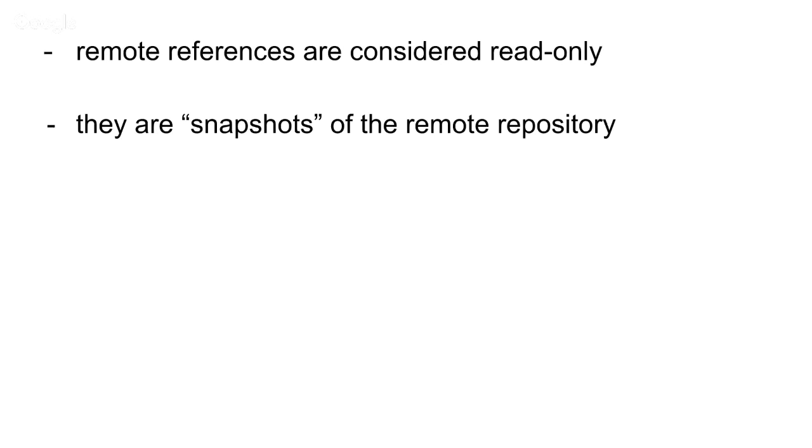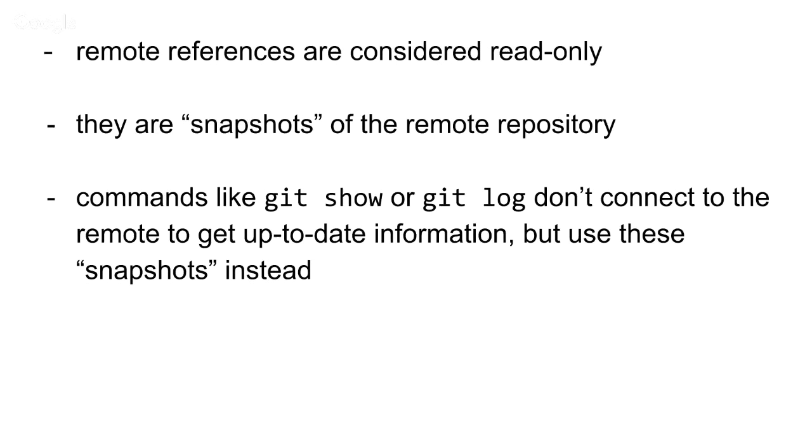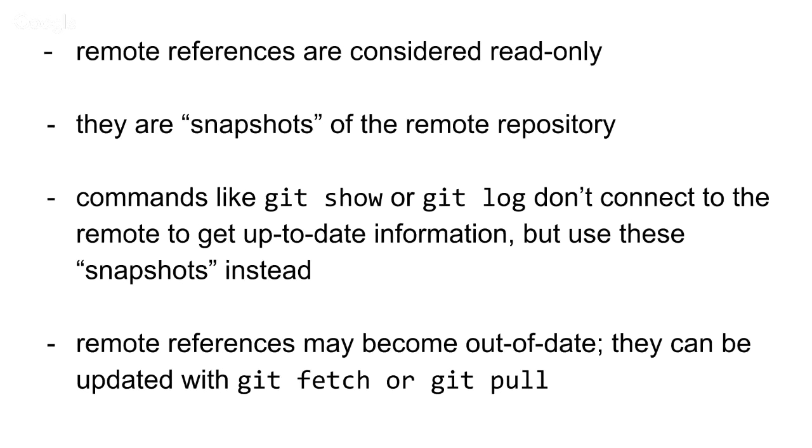So basically, they are just snapshots of the state of the remote repository. Again, git show and git log and so on, those commands use the local information and don't connect to the remote. Yeah, and that means that those can become outdated.